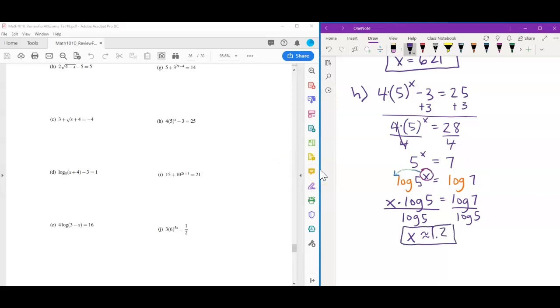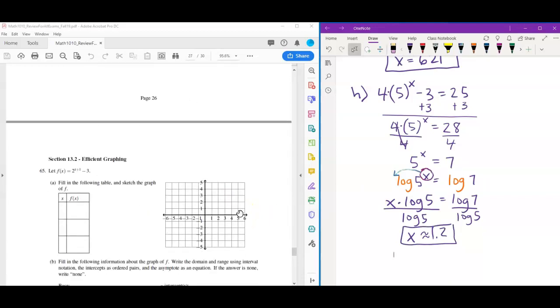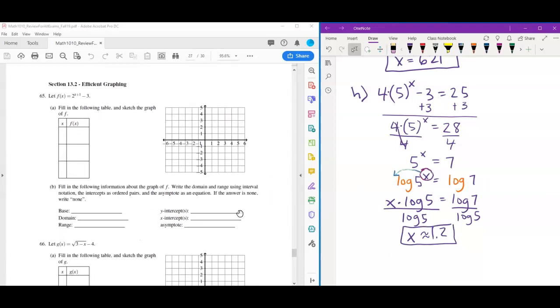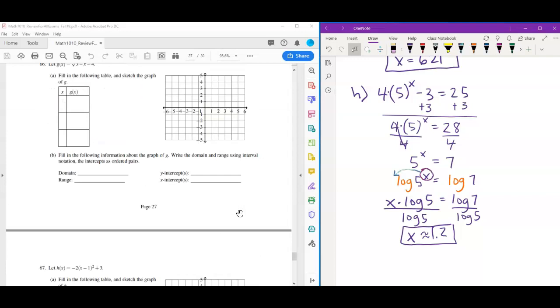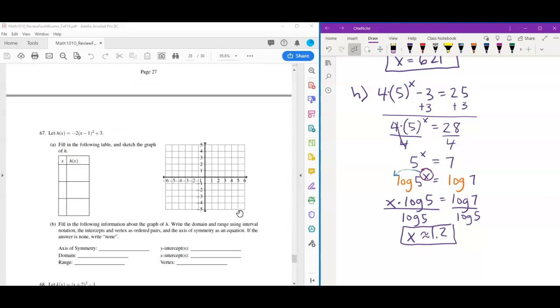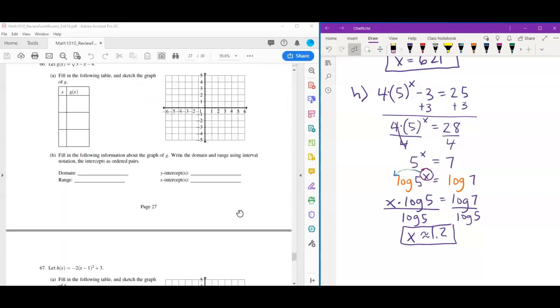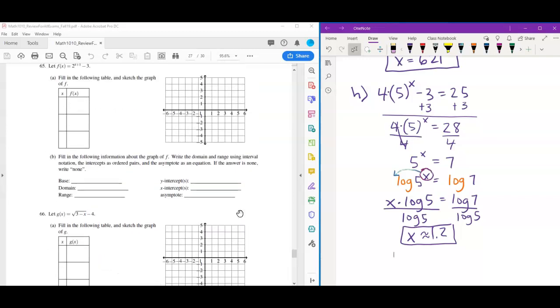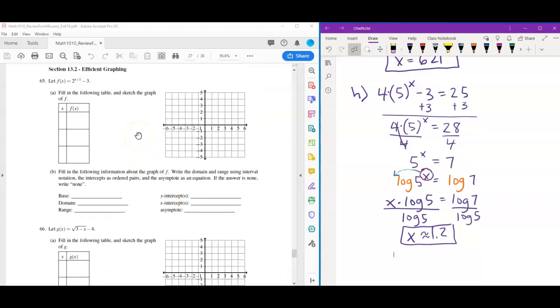Okay. Trying to think. Maybe let's do one more of these type. I really want to make sure it's, I don't know. Can't tell what exactly you guys want to go over.